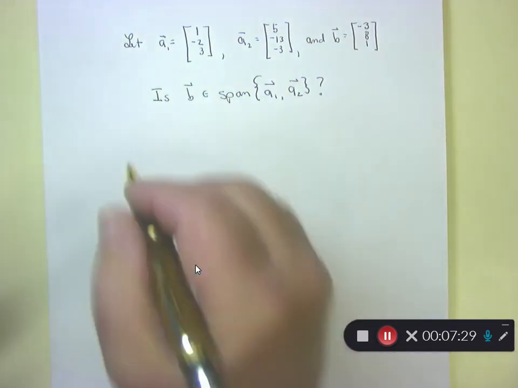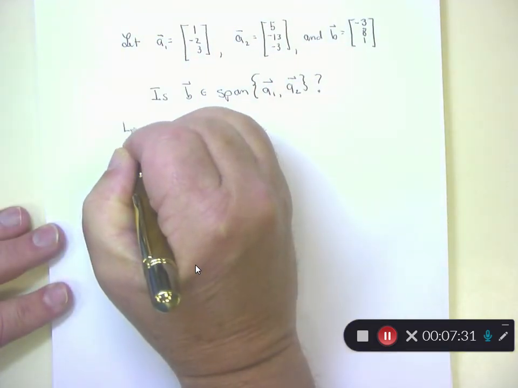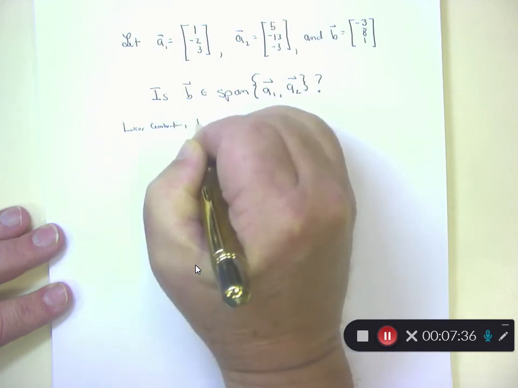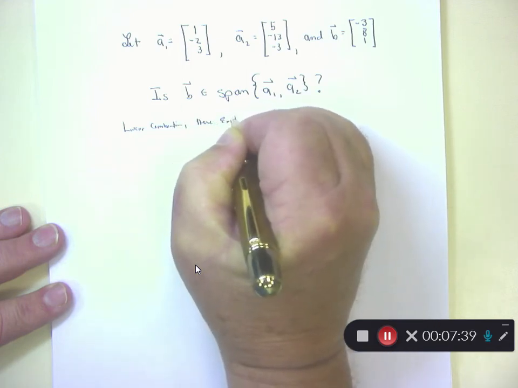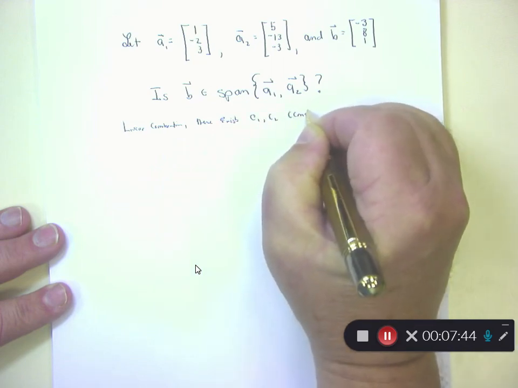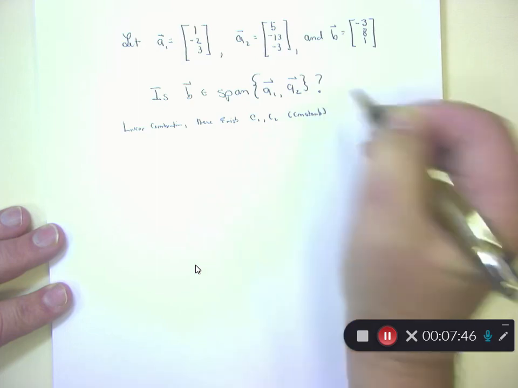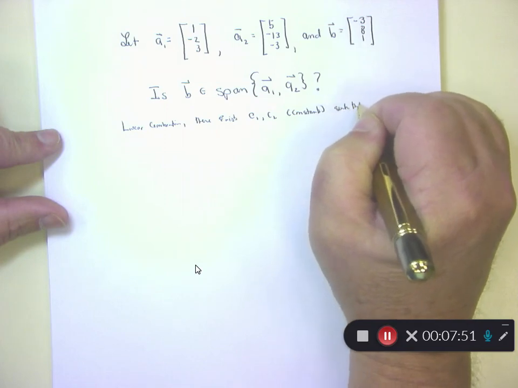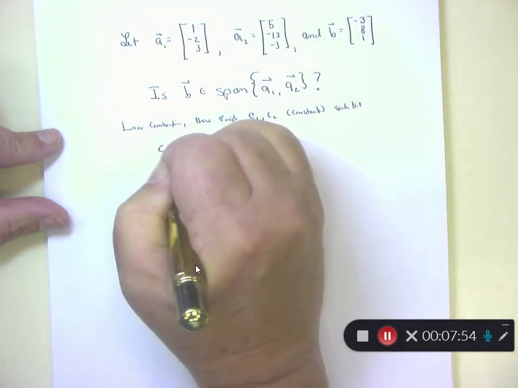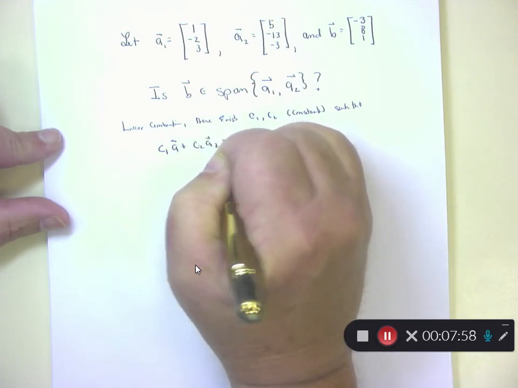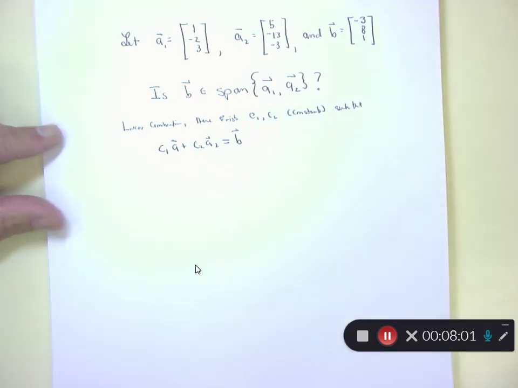In other words, there exists a C1 and a C2, and these are constants, also known as scalars, getting used to the terminology, such that C1 times vector A1 plus C2 times vector A2 will be equal to that B vector. That's what it means to be a linear combination of these two vectors.